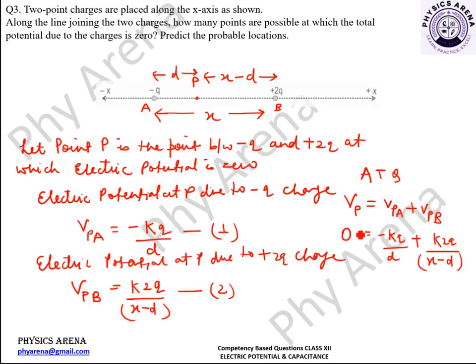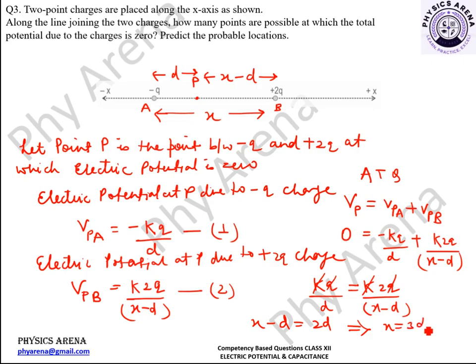This minus sign will become plus when it moves to the other side. So I can write kq by d is equal to k times 2q by x minus d. k gets cancelled with k, q gets cancelled with q, and I am left with x minus d is equal to 2d, and this implies x is equal to 3d and d is equal to x by 3. So the first location, that is between the two point charges, is x by 3, that is nearer to the minus q charge, somewhat over here.